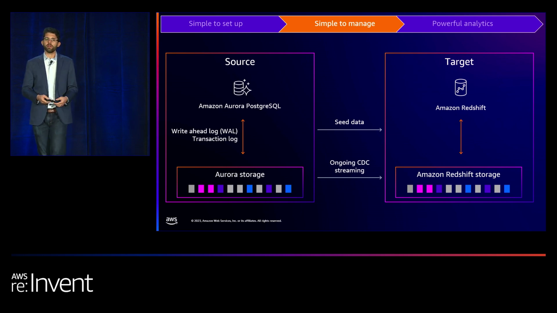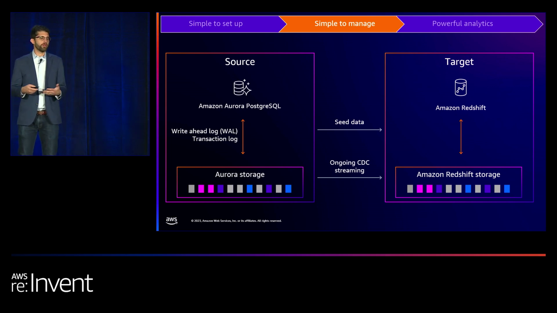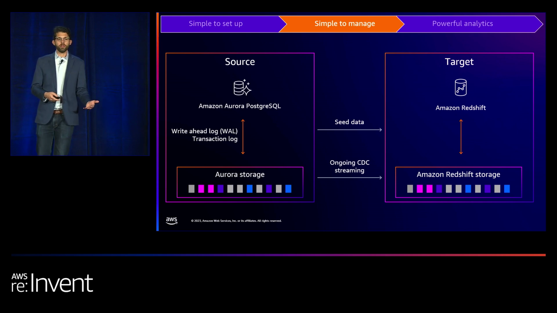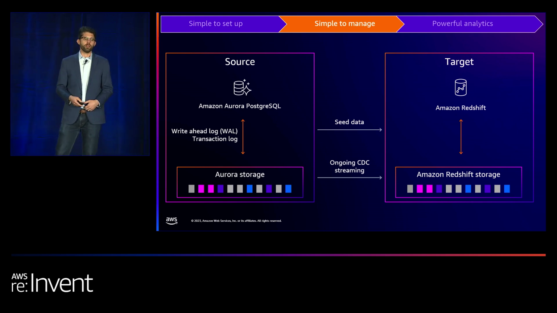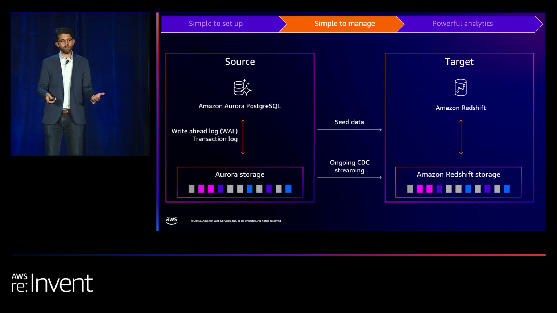And we've built a customized set of streaming compute servers to read the data directly from Aurora storage and then push that over to Redshift. And so this is a fully managed set of functionalities that you don't have to worry about. You don't have to think about spinning up that compute or managing that just to move the data out of Aurora storage.